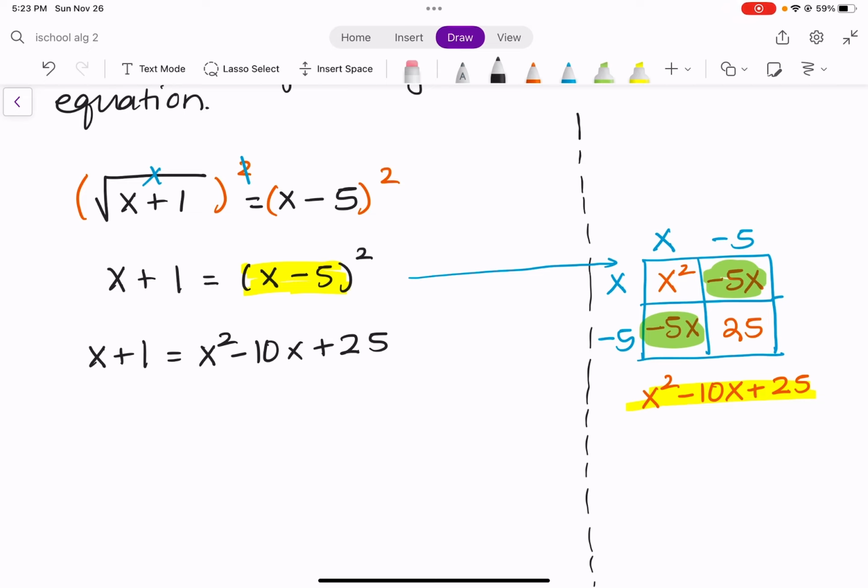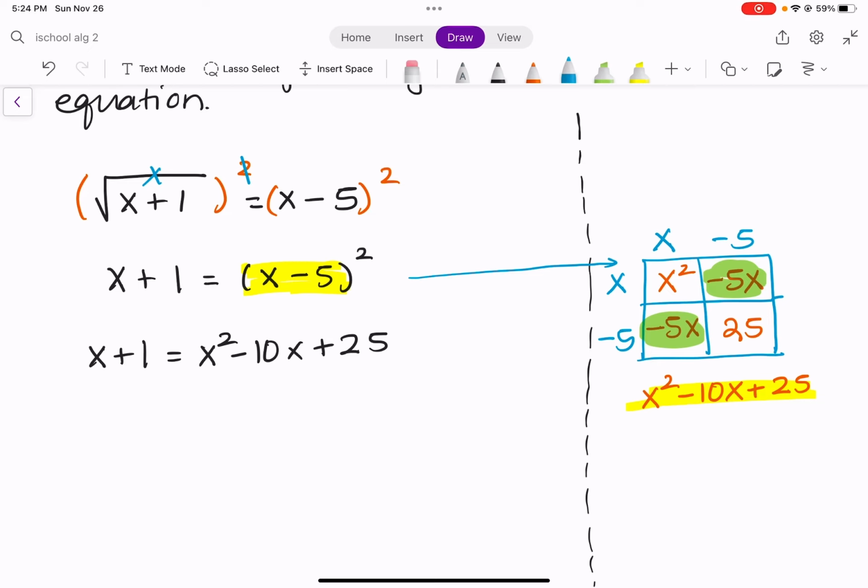Now, in this question, we can't just solve for x because we have x squared, we have x with the x plus 1, and we have x squared minus 10x, right? Whenever you see something with x squared, instead of solving for x, we have to move everything to one side because we're going to actually factor. So what we're going to do is move everything to the side that has x squared.